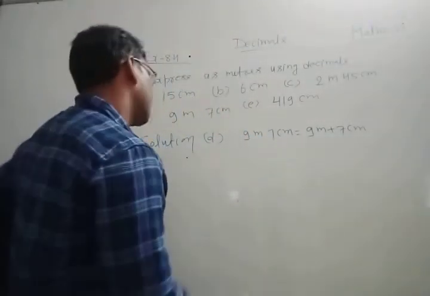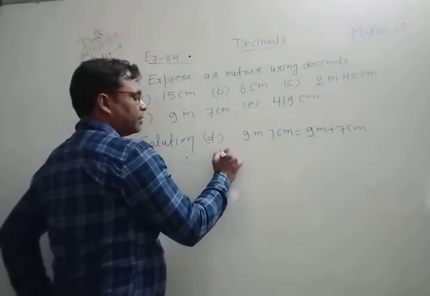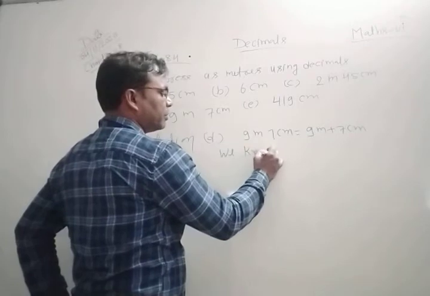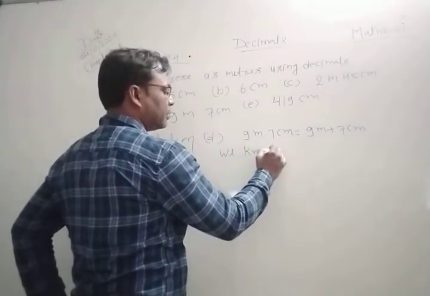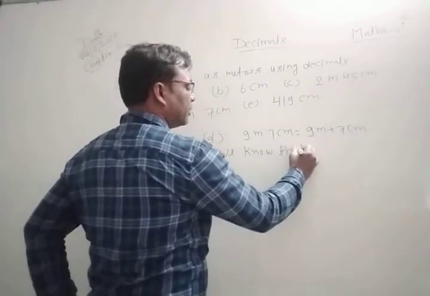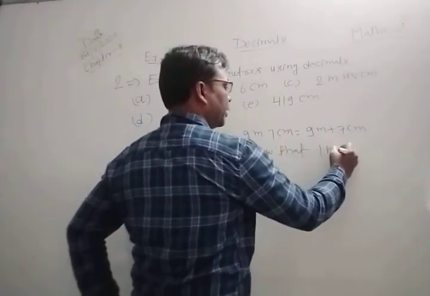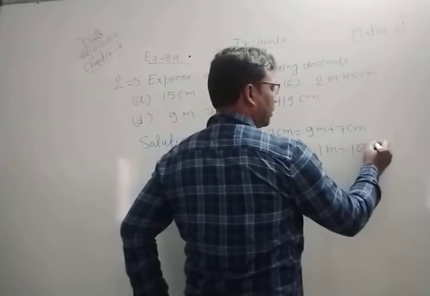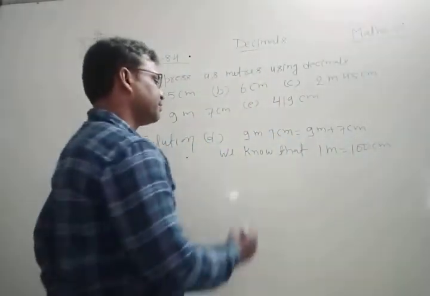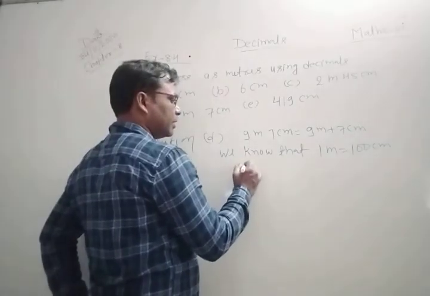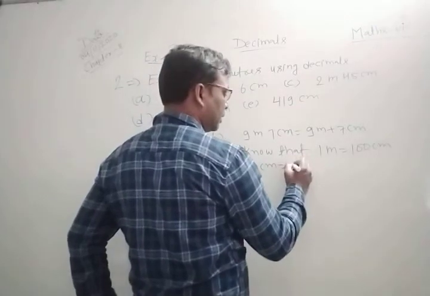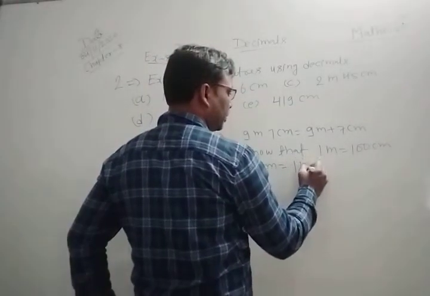After this we know the relation that 1 meter is equal to 100 centimeter, or you can write 100 centimeter is equal to 1 meter.